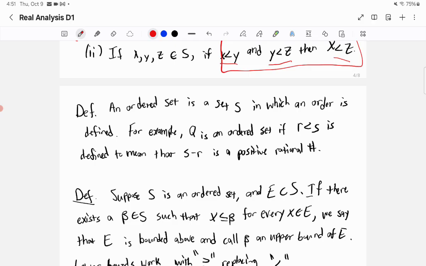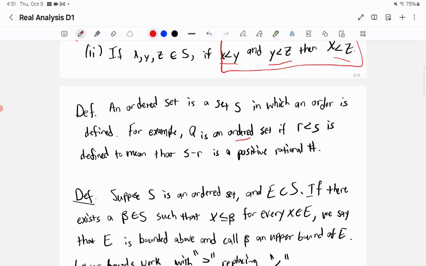So an ordered set is a set S which has an order defined. So this is very nice. For example, Q is an ordered set. Q being the rational numbers, by the way. Every time I say capital Q here, I'm talking about the rational numbers.